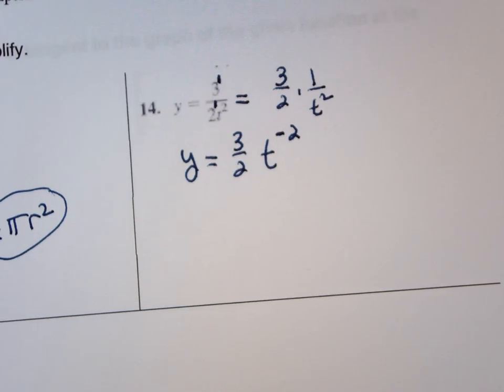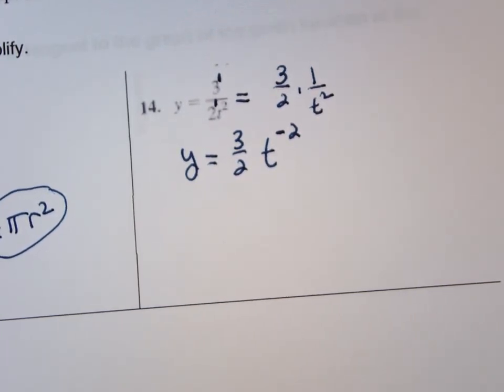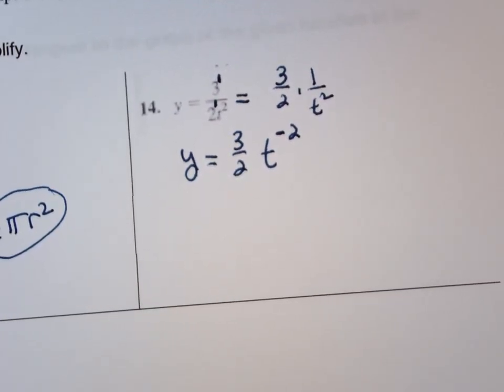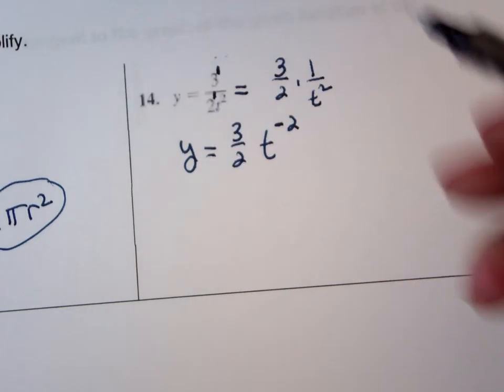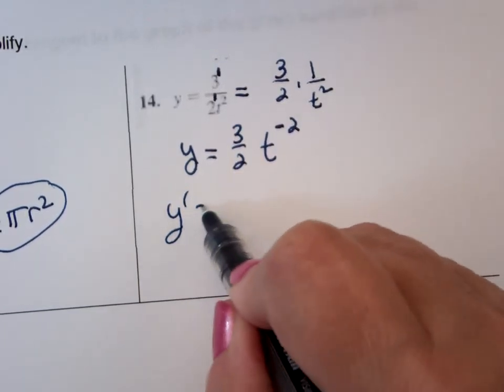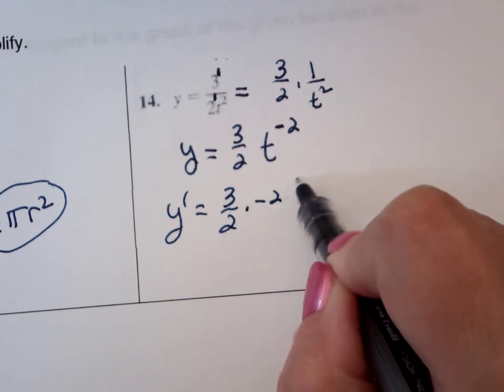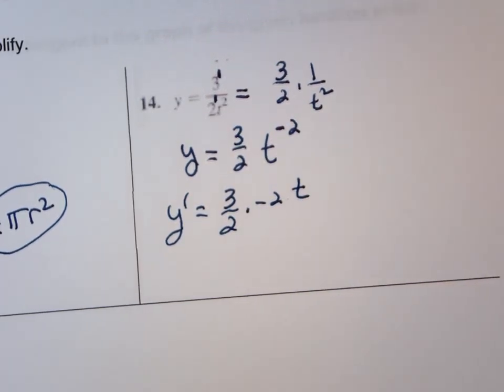Remember, we're dealing with numerical values when we're using power rule. So I'm going to have to write these things as they are. So now I can just use power rule, y prime, the constant, times negative 2 t to the what? Negative 3.